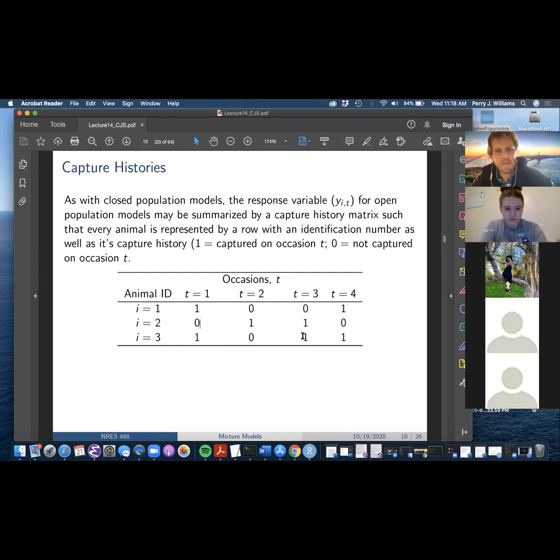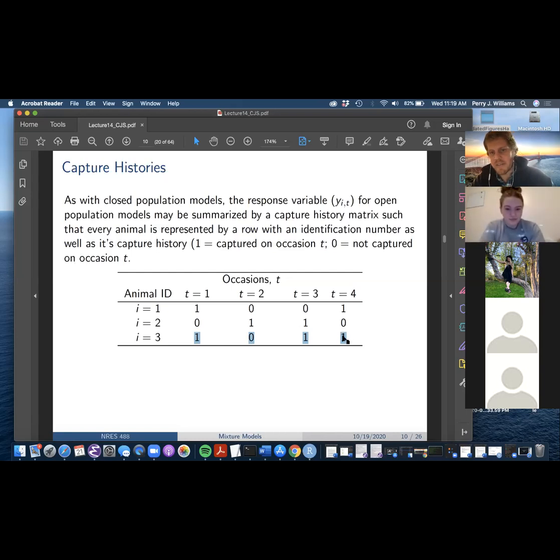Same with here. For individual 3, we saw it on occasion 4 and 3, but because we saw it on occasion 4, we know it was alive this entire time. So the fact that we have a 0 here, that we know it was alive this entire time, but we only saw it 3 out of 4 times, gives us a way to estimate the detection probability. Just naively, we can say, well, it was alive all 4 times.